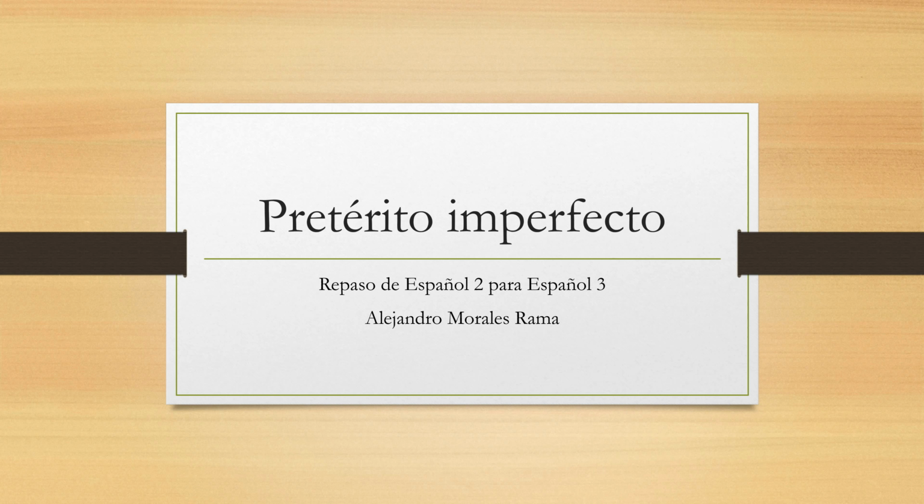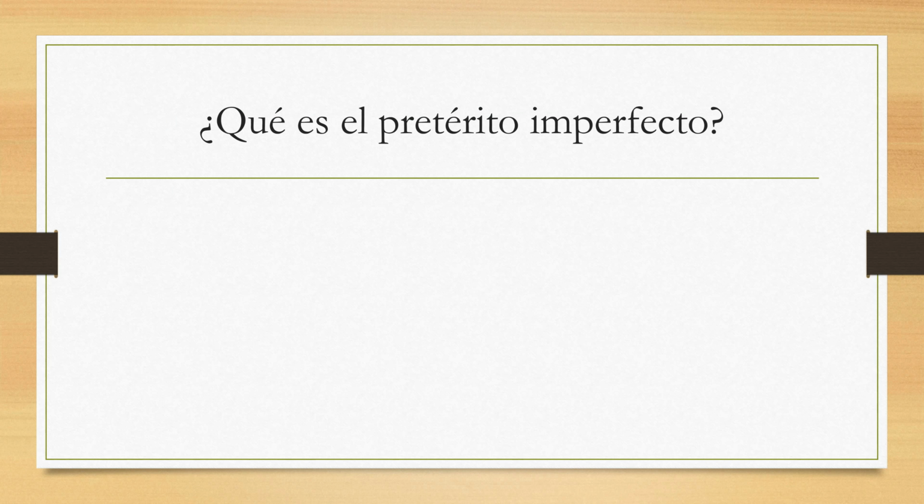Bien. The topic for this last video is pretérito imperfecto. As you remember, the last video that I shared with you was pretérito indefinido, and we were looking at when do we use it. Here, we are going to be looking at our second past tense from Spanish 2.